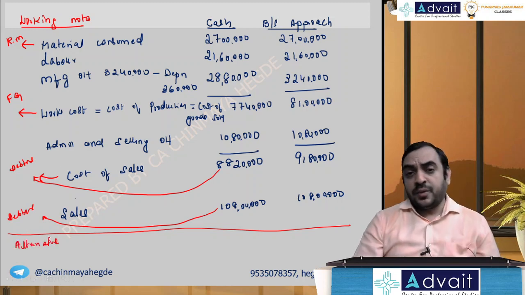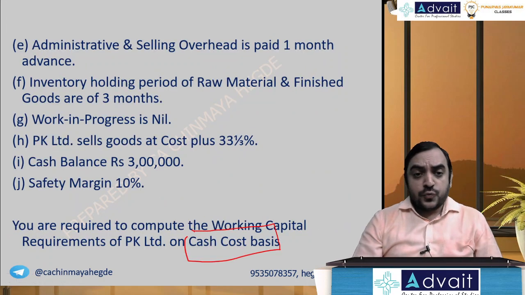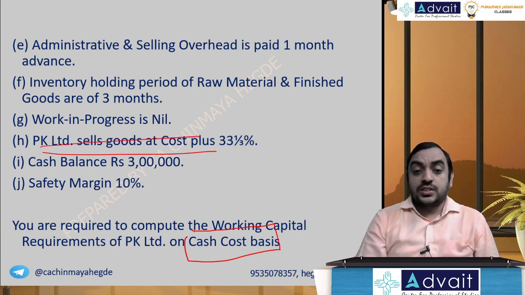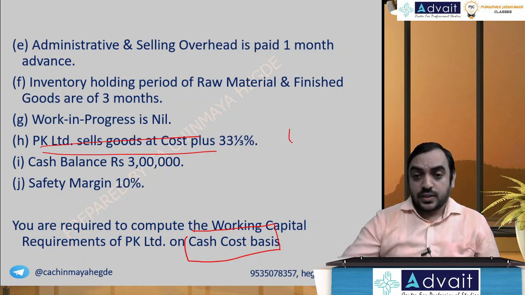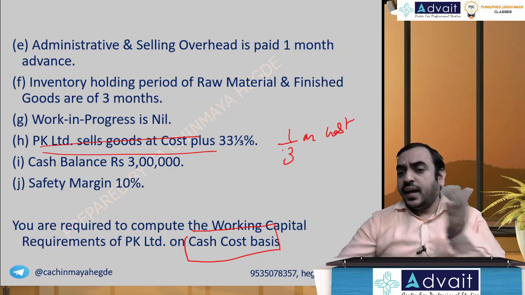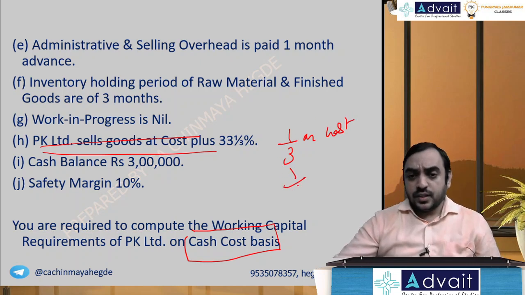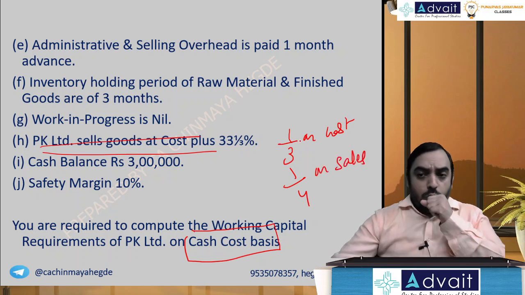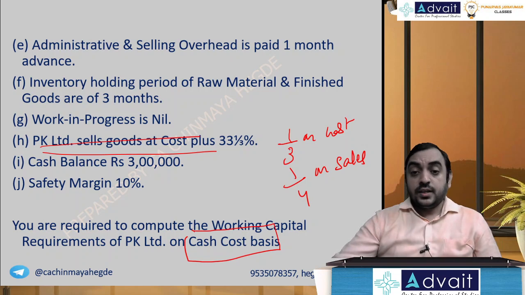We have one more piece of information: PK Limited sells goods at cost plus 33 1/3%, which means one third on cost. Again, convert it to sales. That is, 1/3 on cost is 1/4 on sales. So 1/3 on cost becomes 1/4 on sales.